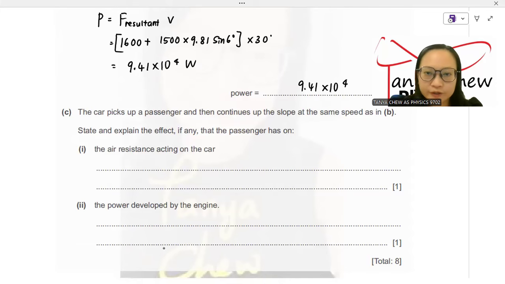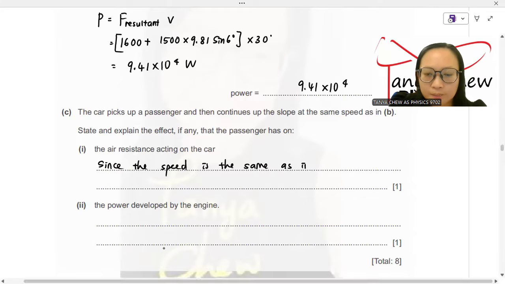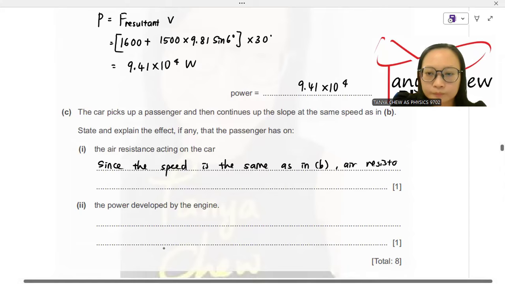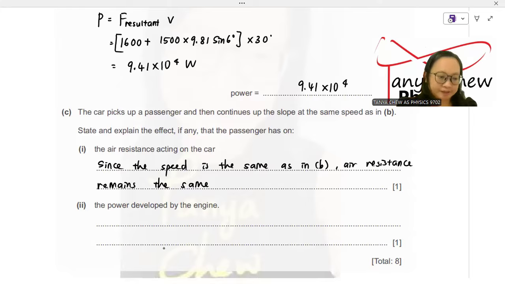Since the speed of the car is the same as in B, air resistance remains the same, because air resistance depends on speed. If speed increases, air resistance will increase. But if the speed is constant, air resistance will still be the same.